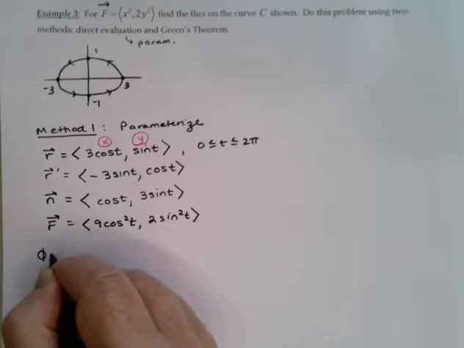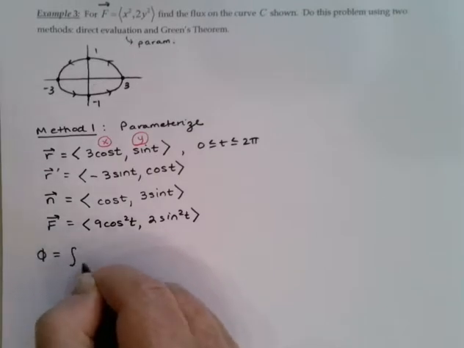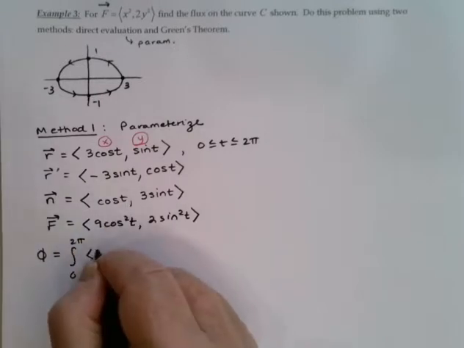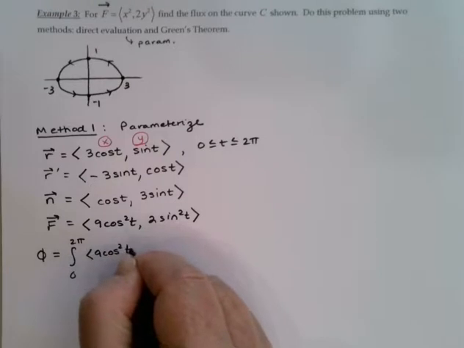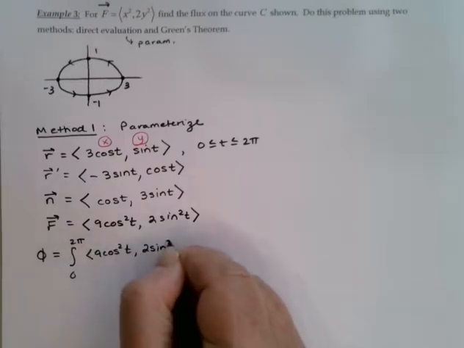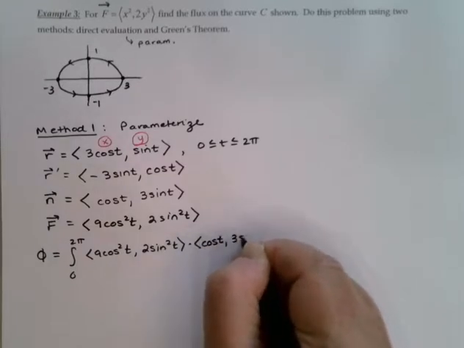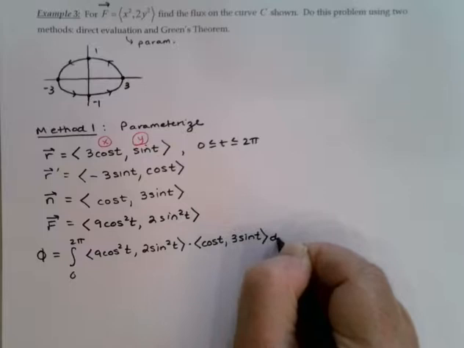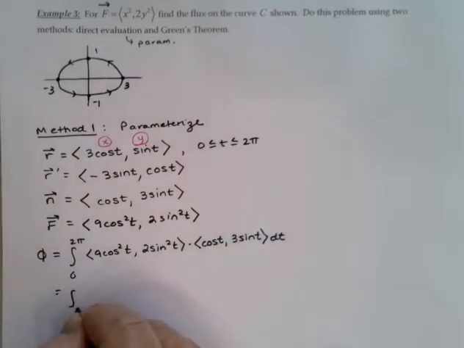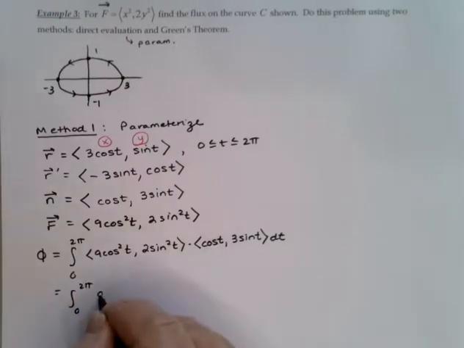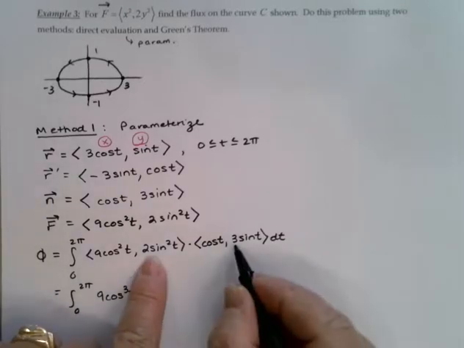All right, our flux, integral from 0 to 2 pi of f dot n, which is going to give me 9 cosine cubed t, plus 6 sine cubed t.